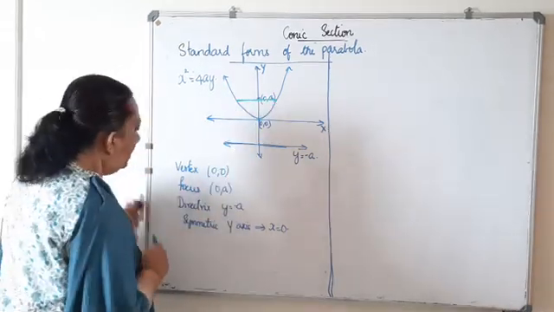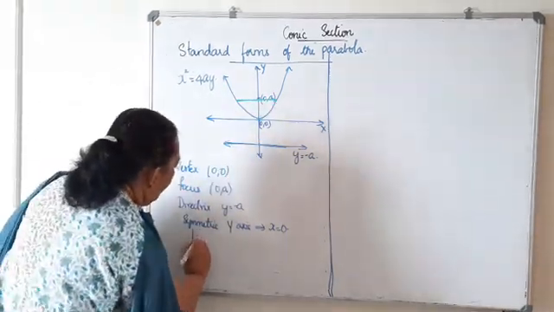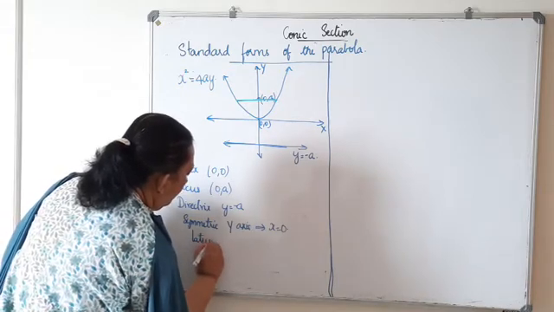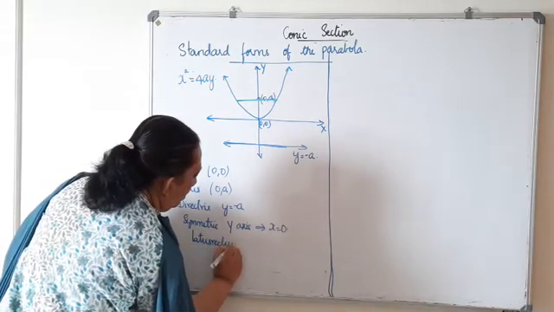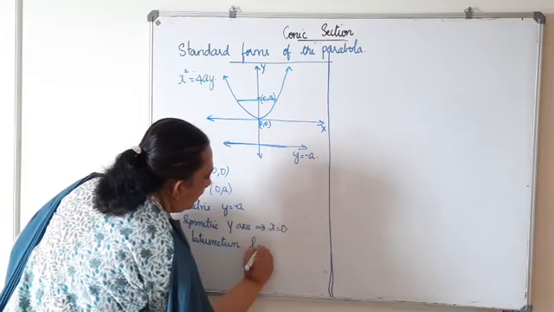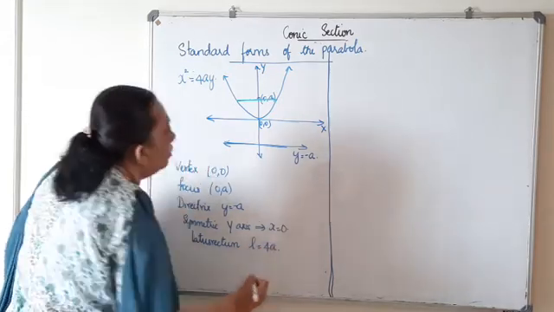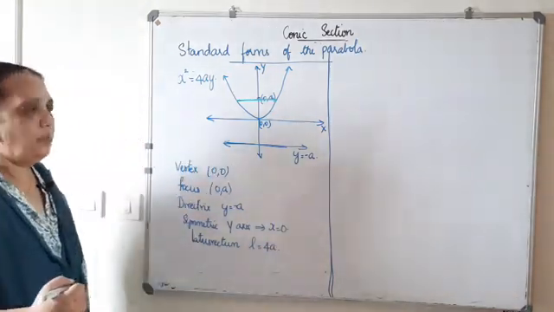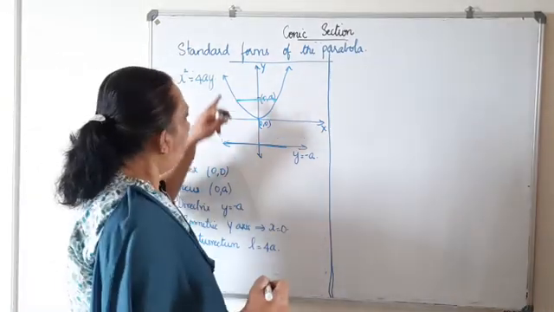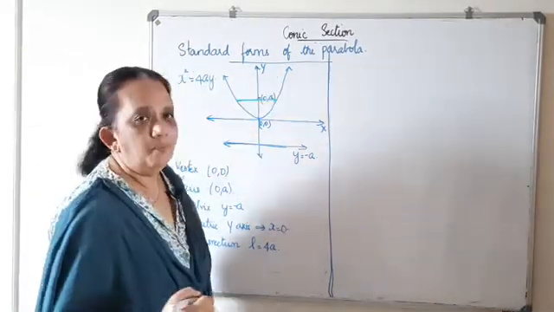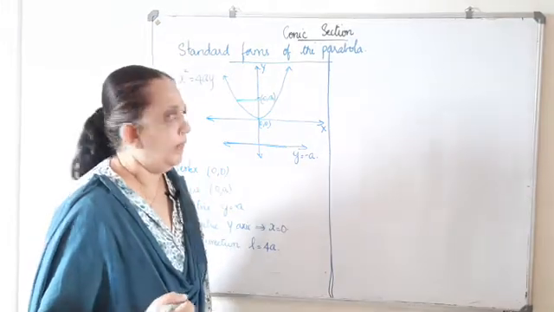The length of the latus rectum is equal to 4a. In this case, x squared is equal to 4ay, the parabola opens upwards, a cup-shaped parabola.